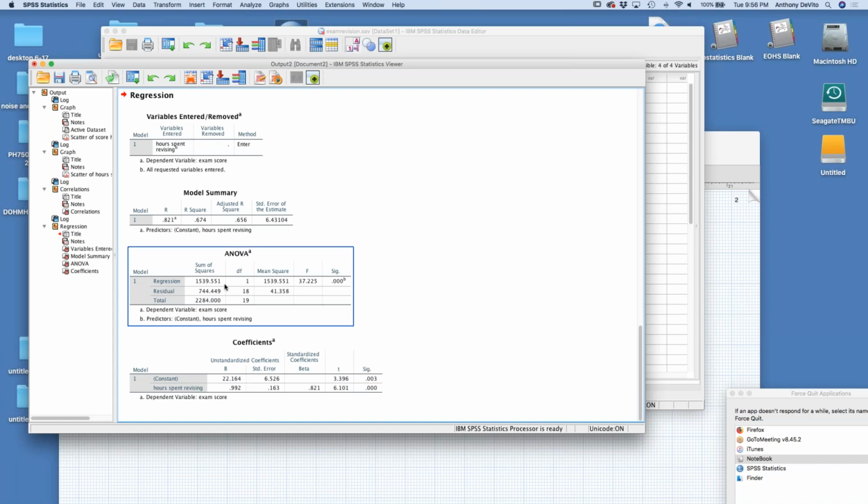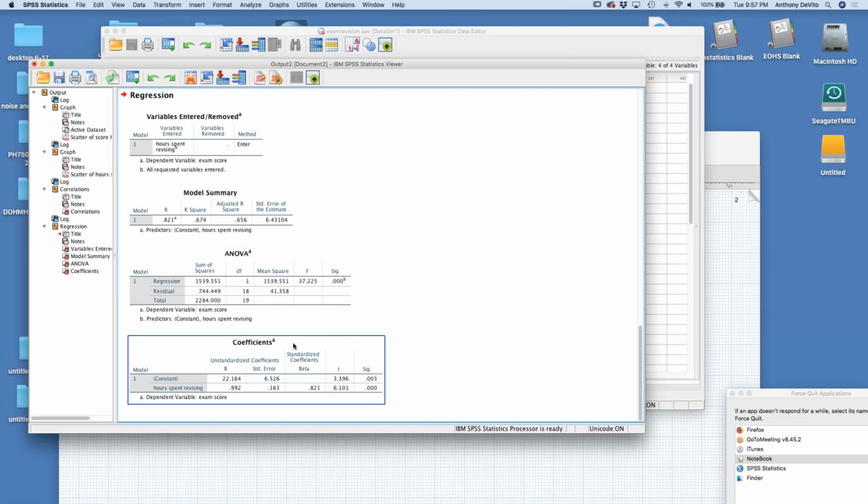Okay, so let's take a look at this. The analysis of variance is a test that tests the statistical significance of this regression, of this association. Our main concern here is that we see that it is statistically significant, that this is less than 0.05.